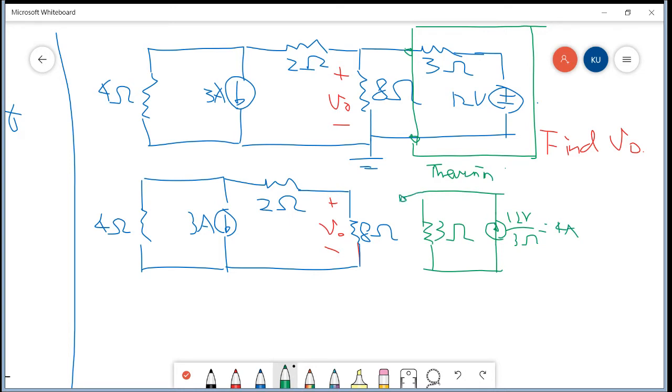So this is A, this is B, and we connect it to the original point. That's good for that part, and this actually becomes the Norton one.